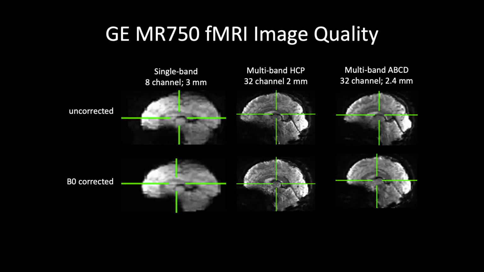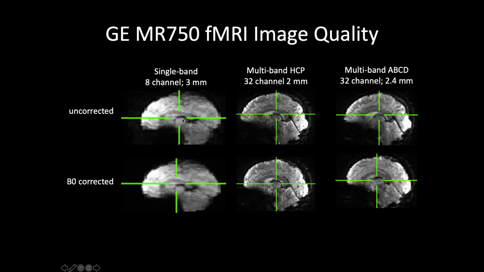And so I just wanted to show you an example of one subject that was collected here, and what the images look like when we're collecting it on the 8 channel using what would be our standard approach with a 3 millimeter slice thickness, versus if we were to collect it using the HCP protocol and then again with the ABCD, as well as showing you what it looks like when you don't apply this field map correction versus when you do.